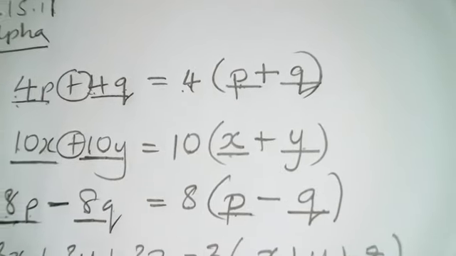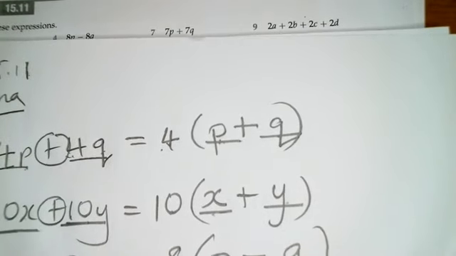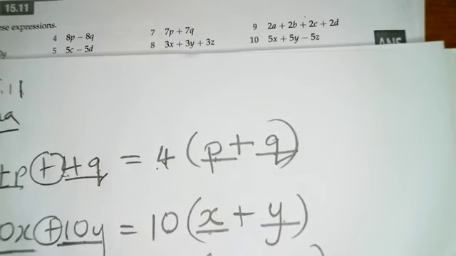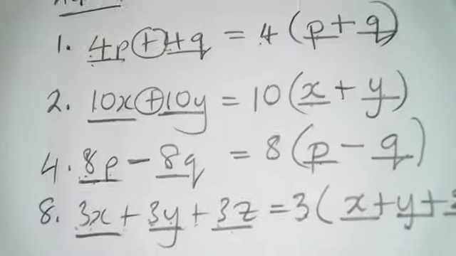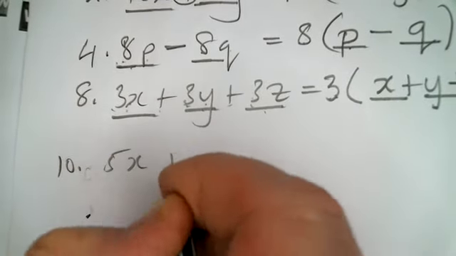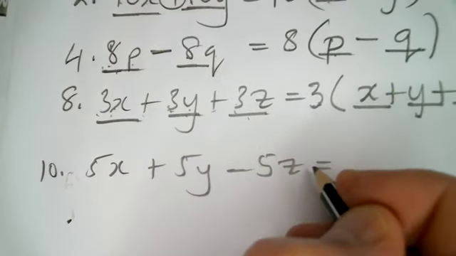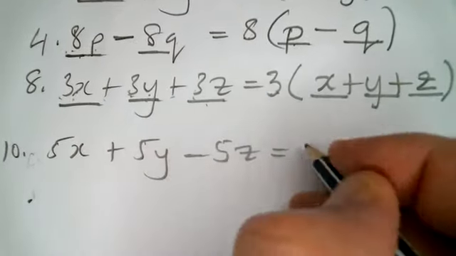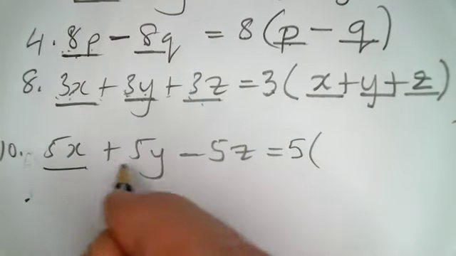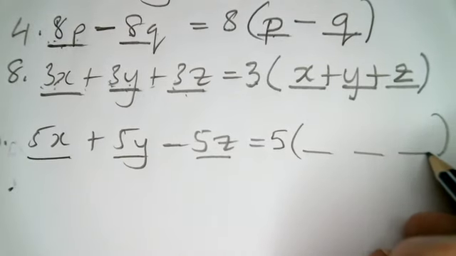And we'll do the last one. Actually, I'll go with 10. 5x, 5y, 5z. So here's question 10. 5x plus 5y minus 5z is equal to. Well, what is common to these? Well, 5 is common. But I place the brackets. I'm going to have 3 terms. And I've got 3 terms here.